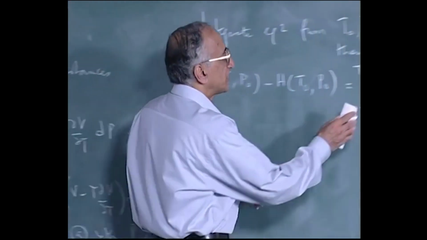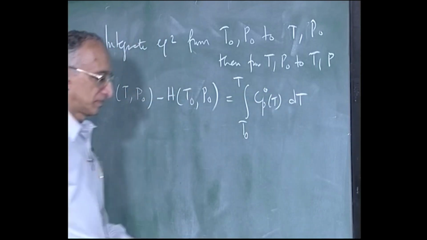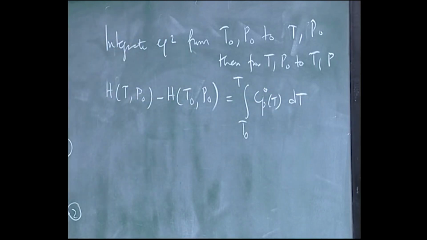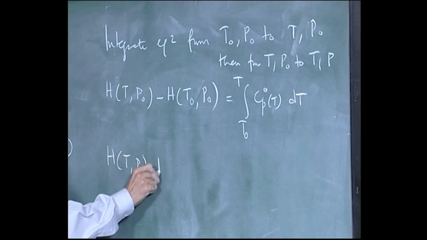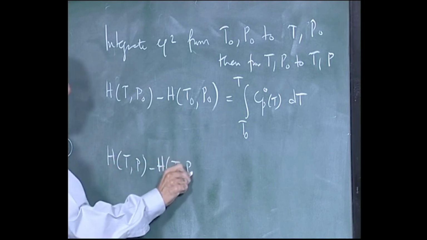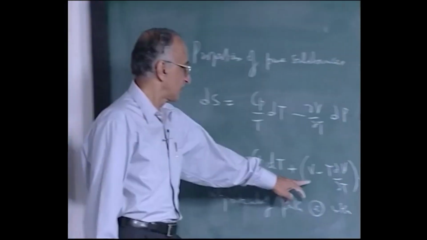If you want, I will write Cp0 of T dT. Then I have h of T comma P minus h of T comma P0. Now I am integrating from P0 to P of this term.